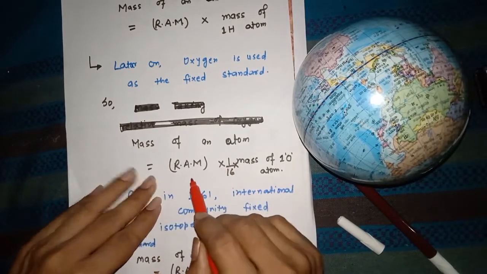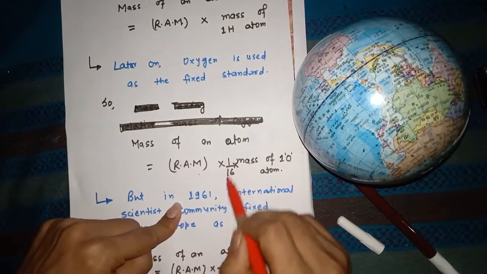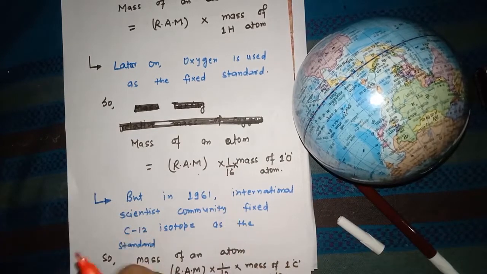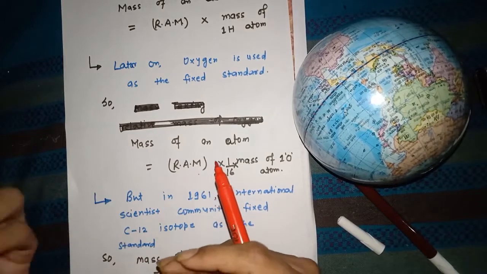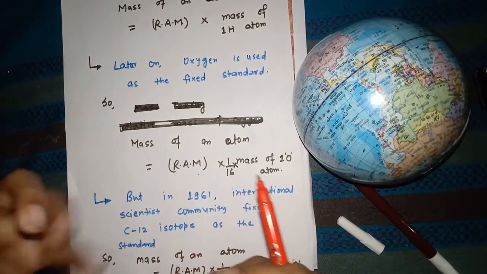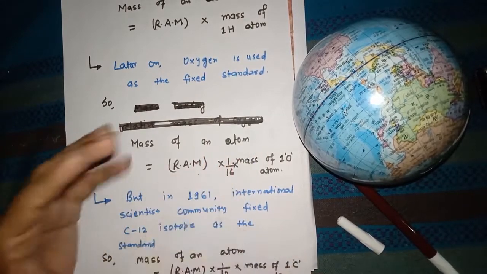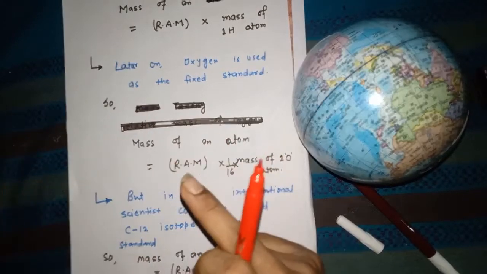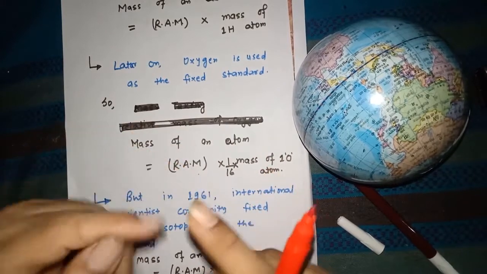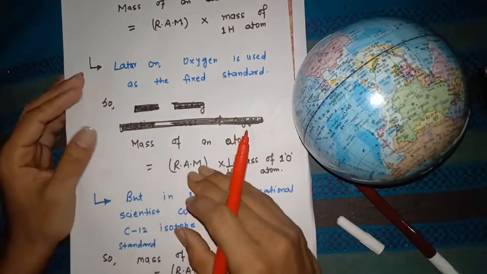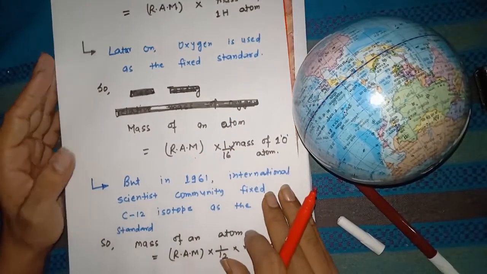So the mass of an atom must be RAM into 1 by 16 of the mass of one oxygen atom. For example, if an atom X has a RAM of 5 units, it means its mass is 5 into 1 by 16 into the actual mass of one oxygen atom, if we take oxygen as our reference standard. Have you got my point?